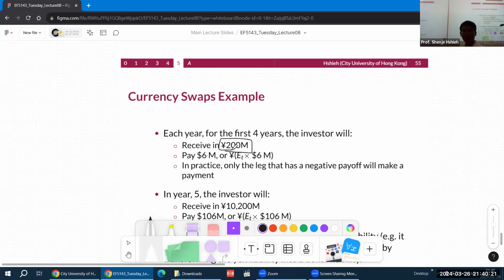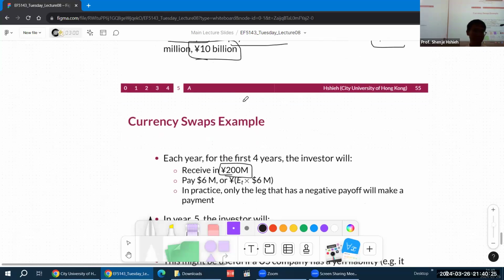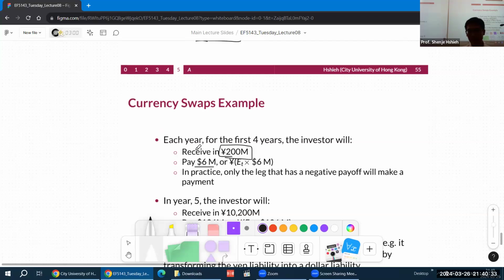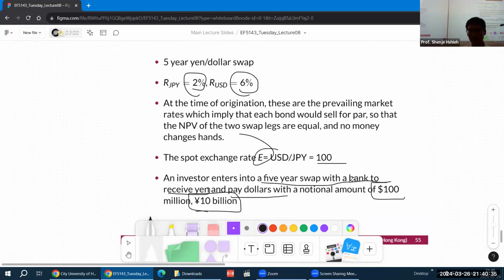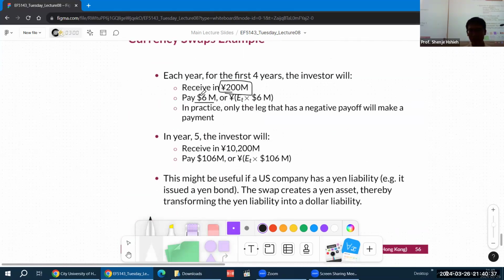So you're receiving 2% on 10 billion, that's 200 million yen. But you are short dollars, which means you're paying out dollars. So that means 6% times 100 million, which is $6 million, or if you want to convert it to yen, you multiply that 6 million by E, whatever E is.